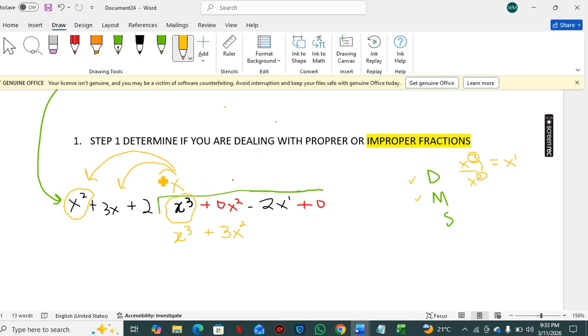Then x times 2x, sorry, not positive 2, 2x. Yes, positive 2x. Any questions, colleagues? That's the multiplication.